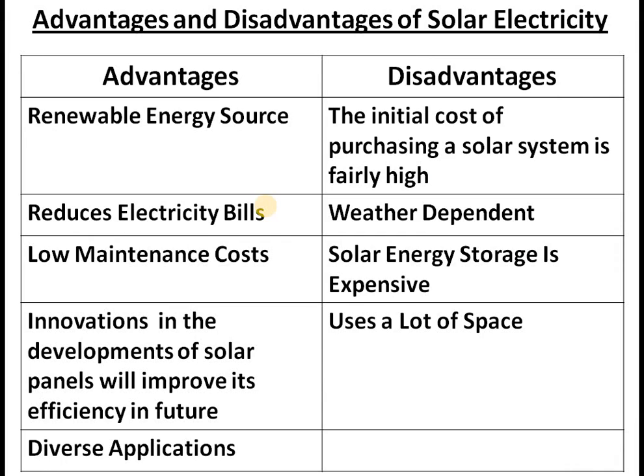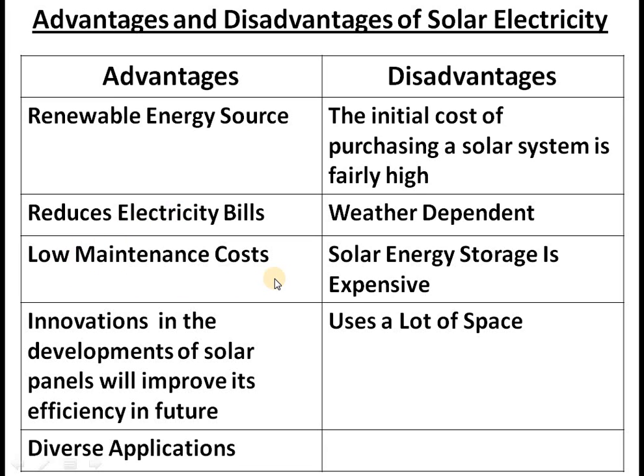And finally, if you go into the advantages and disadvantages of solar energy, even with all its advantages, it has some disadvantages. As far as the advantages are concerned, it is a renewable energy source because every year you will get it. It will never get exhausted, and it will help you reduce the electricity bill.